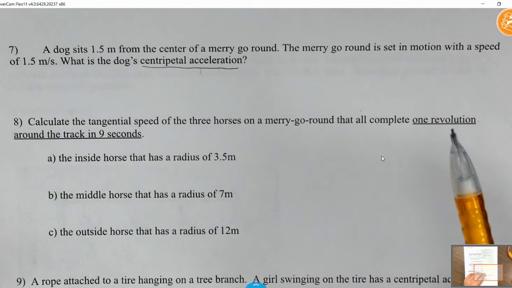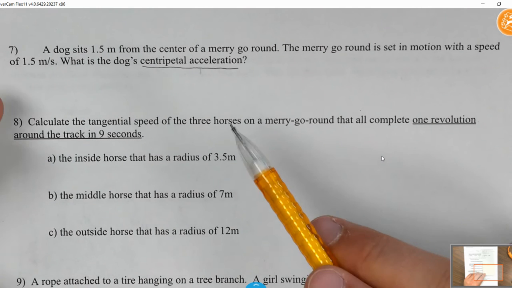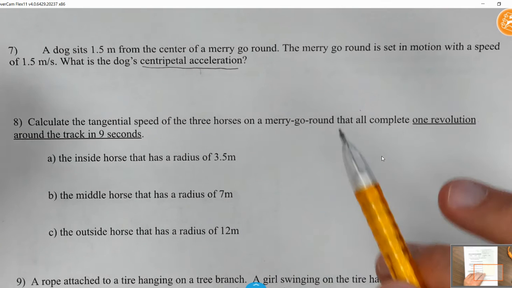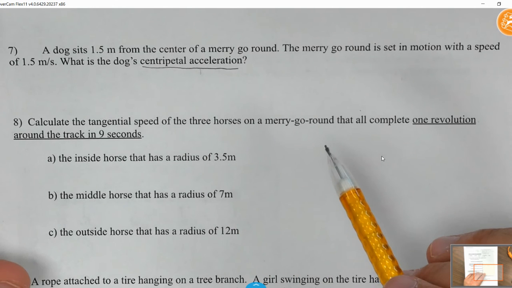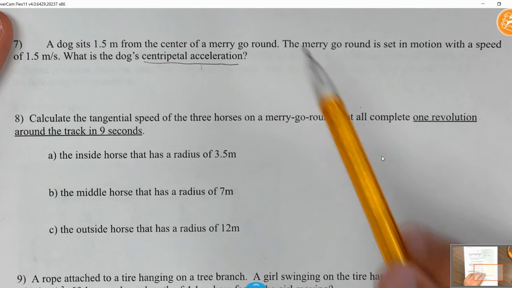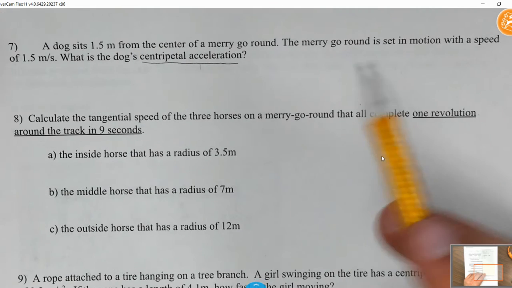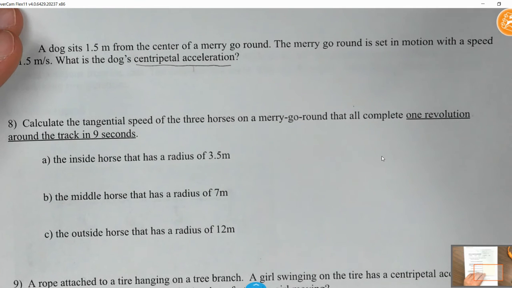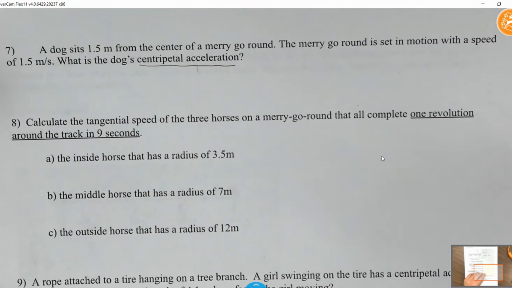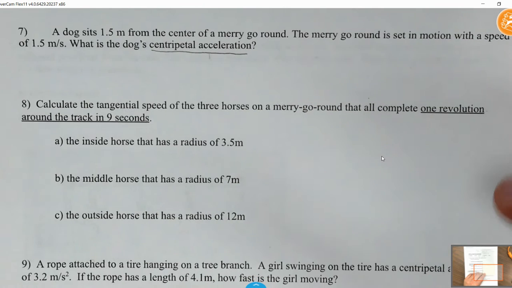Now, number 8. They're asking you to calculate the tangential speed of 3 separate horses on a merry-go-round. Now, they all complete 1 revolution around the track in 9 seconds. I underline that specifically. So based off of last week and yesterday, what does that underlined statement mean?